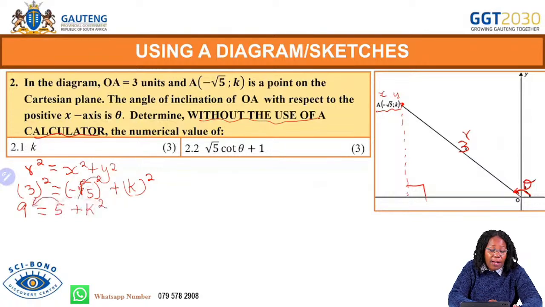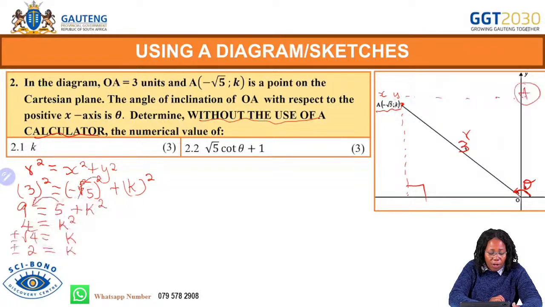Transpose 5 to the left, that will be 9 minus 5, of which it's a 4, k squared. And then now k loses an exponent, you gain plus minus the square root of 4. Then we end up with k being plus minus the 2 there. But according to the diagram, can you see that k, the y value, our y values this side, they are positive.